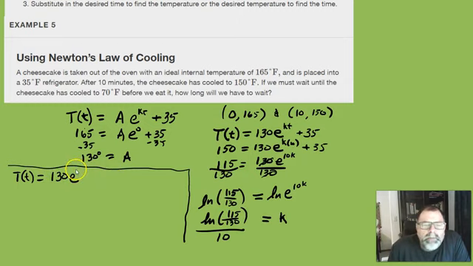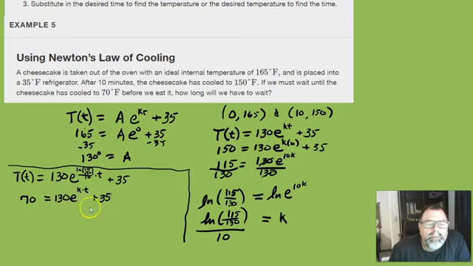I'll write it out: 115 over 130, sorry, over 10, times k, and we want, oh no, t, then plus 35. So we want this to be 70, and we're solving for t. I'm just going to leave this as k for right now, and then I'll plug that in. Just not real fond of writing that number.